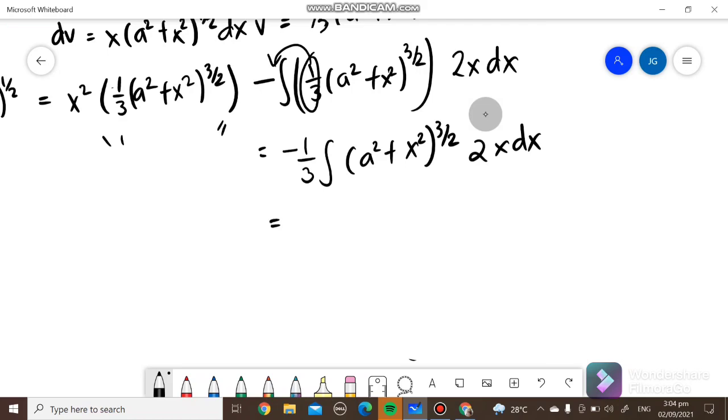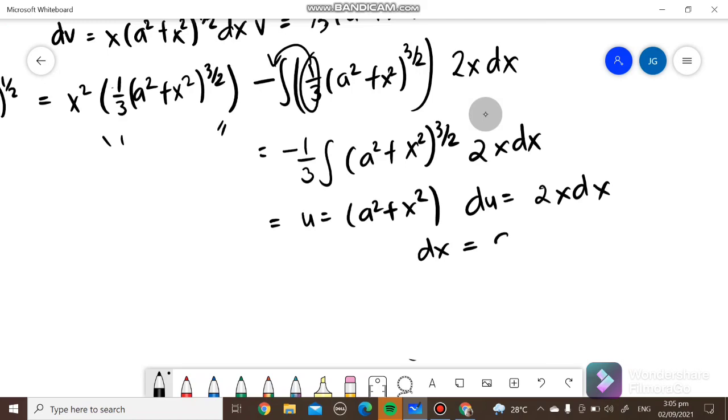Okay? So, let's set u as a squared plus x squared. And then, let's set our du, the derivative of the u. We will have 2x dx. So, what's the value of our dx? The value of our dx is simply du over 2x. What we do here is simply manipulate this one to get the dx.